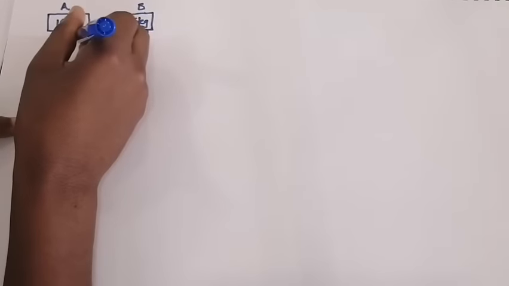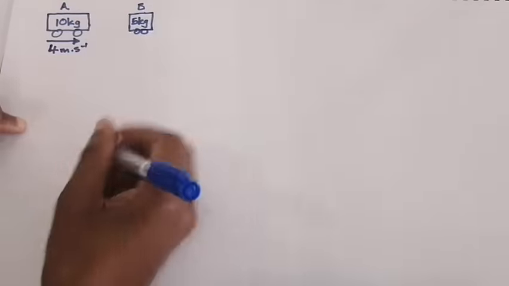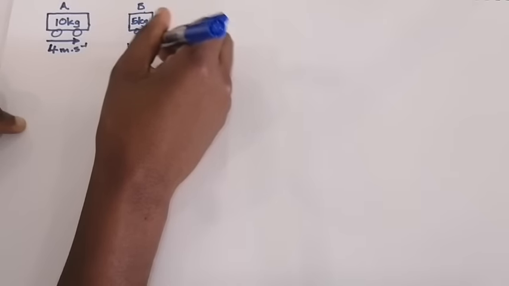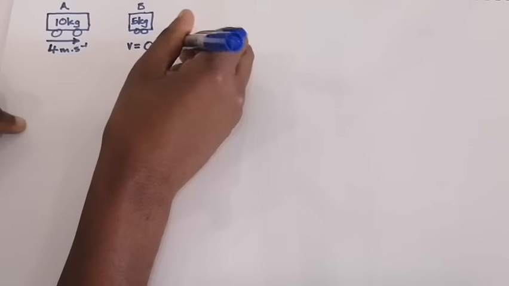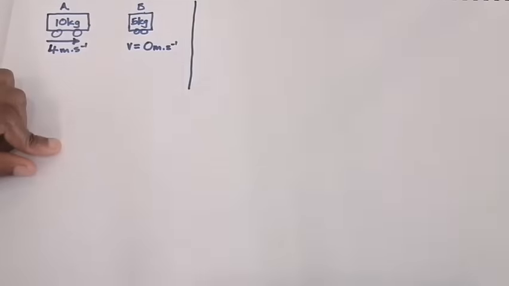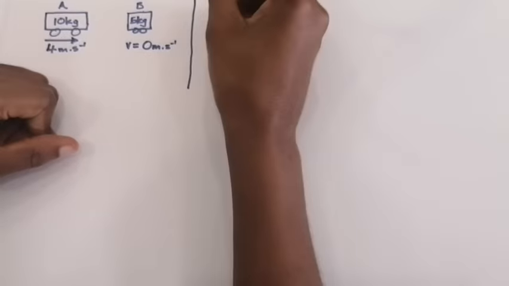Say trolley A is moving at a speed of, suppose, 4 meters per second, and the velocity of B is 0, meaning that B is stationary. So afterwards, they're going to collide with each other. What happens after they collide?